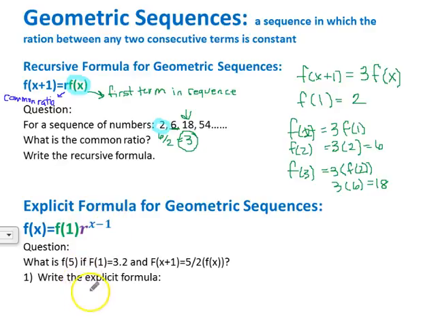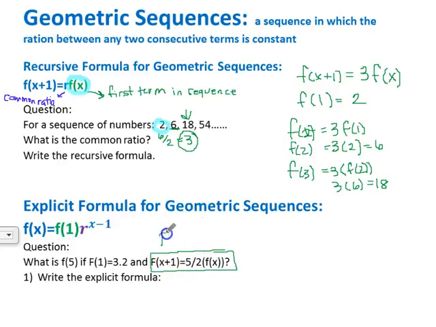So let's use this formula to answer the question below. What is f of 5 if f of 1 is 3.2 and f of x plus 1 equals 5/2 f of x?